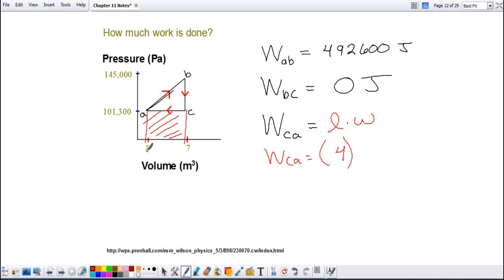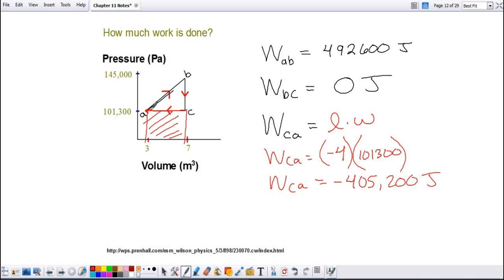So it's -4. And then the width, again, is going to be 101,300 pascals. So the work done from C to A is going to be -405,200 joules. And it's negative because the volume is decreasing.